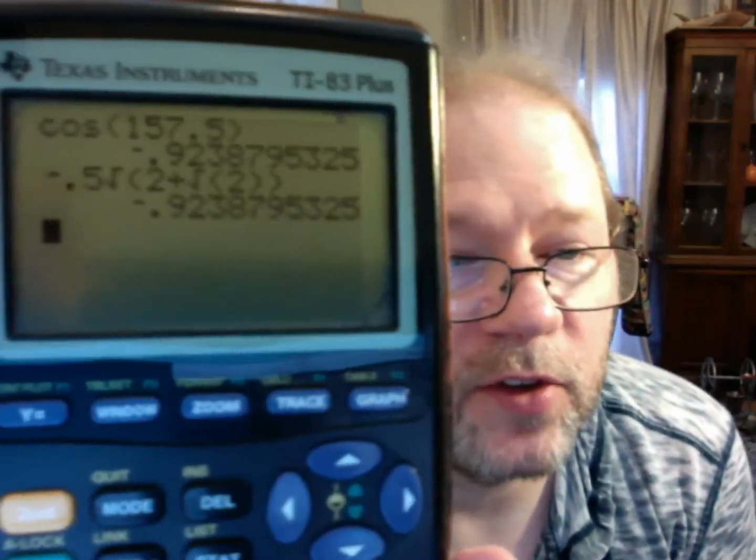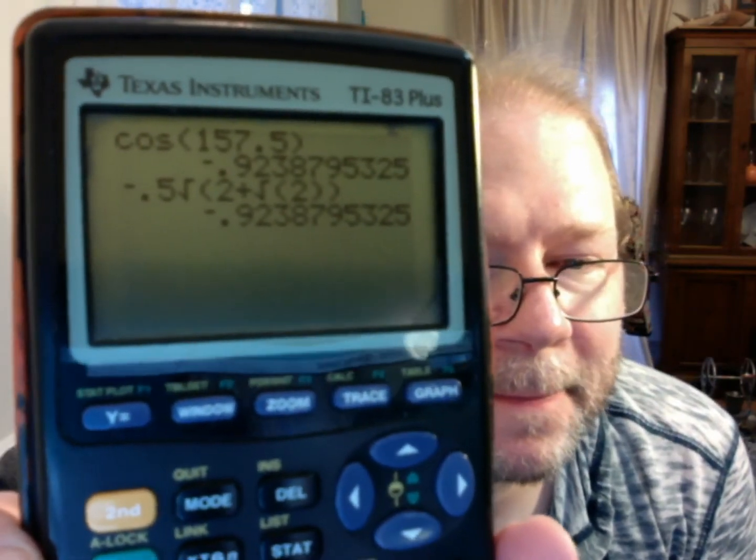And to double check the cosine, put a negative on the front, change a minus to a plus, and sure enough, we get the same thing on cosine there too.